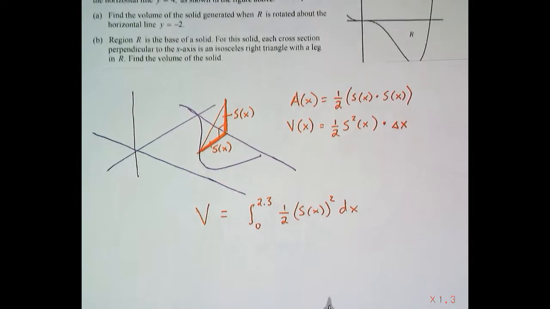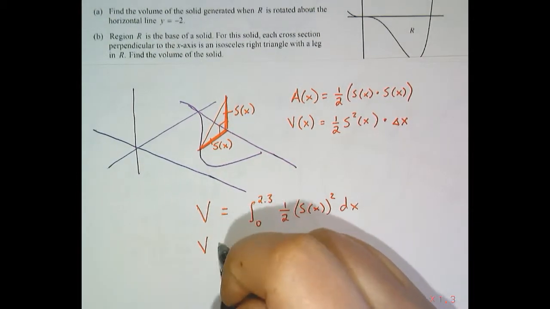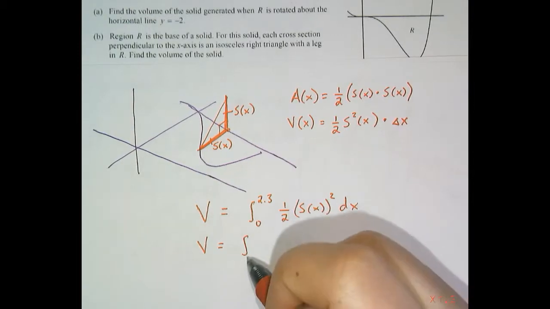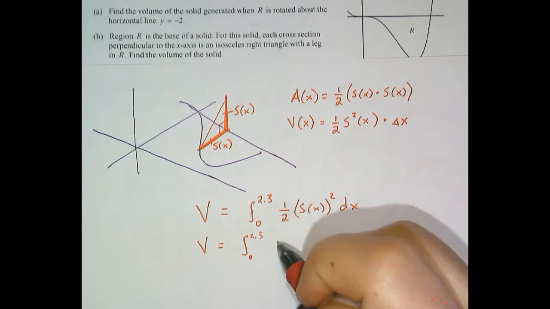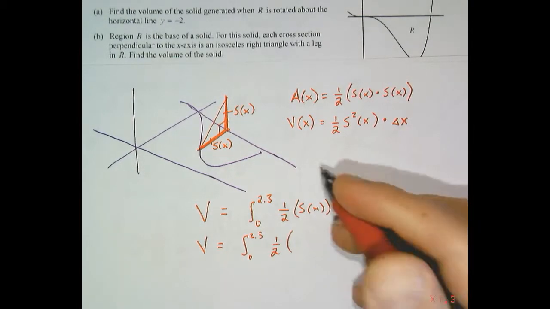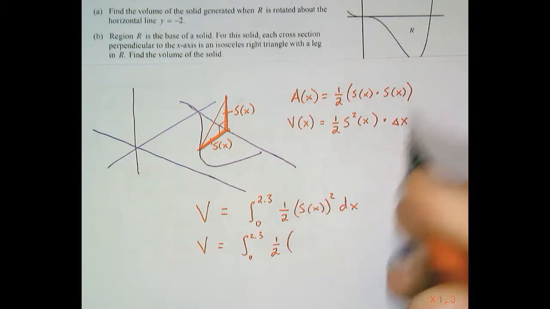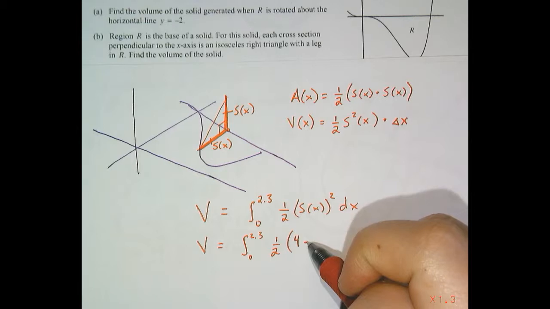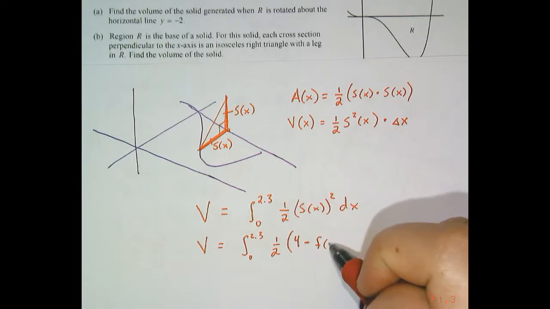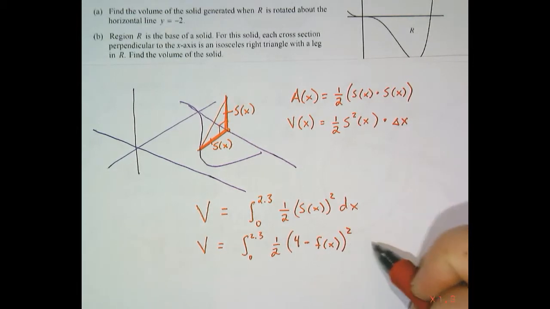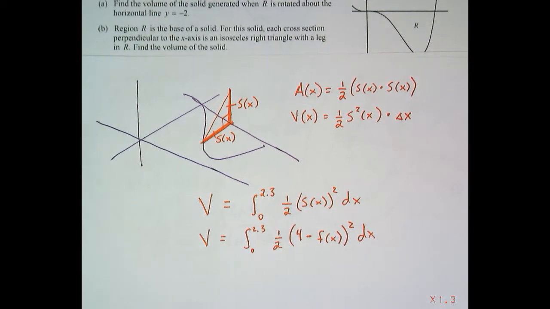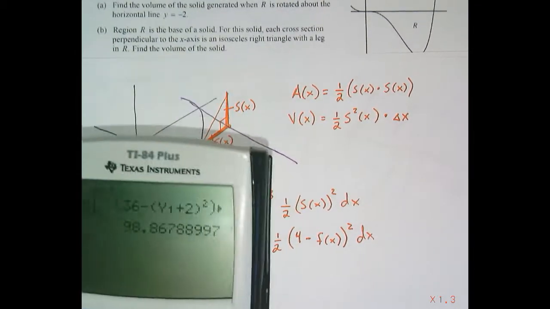Now what exactly is S of x? Well, S of x is the distance from this point to this point. So rather than writing it S of x, let's write it as the top curve minus the bottom curve. So 4 subtract f of x squared dx. And then we want to actually find the volume, so we're going to turn to our calculator again, and we'll do the Math 9 process.